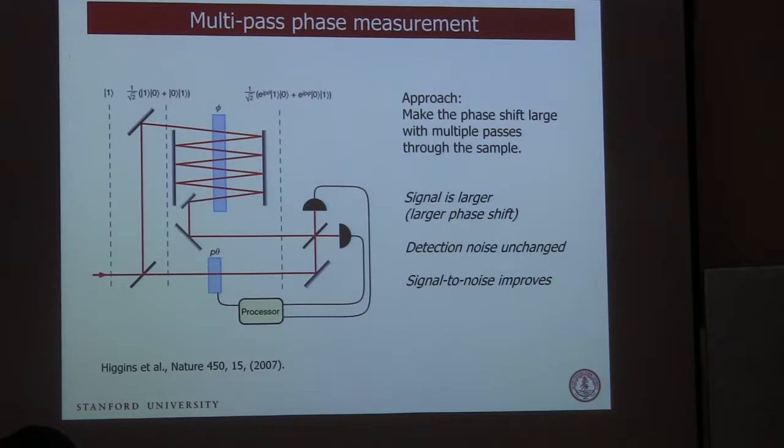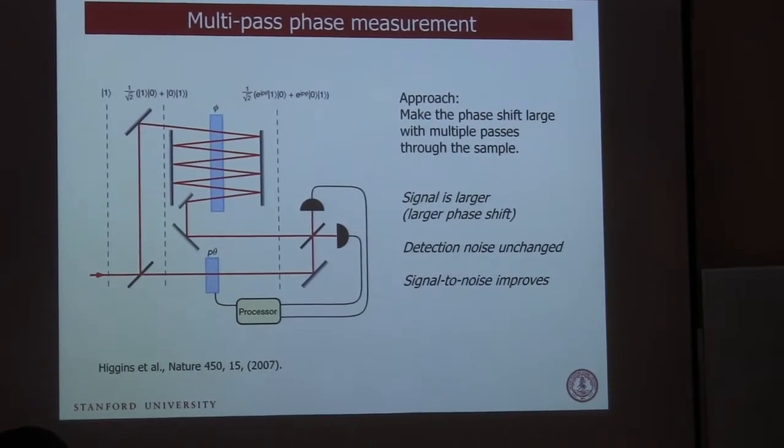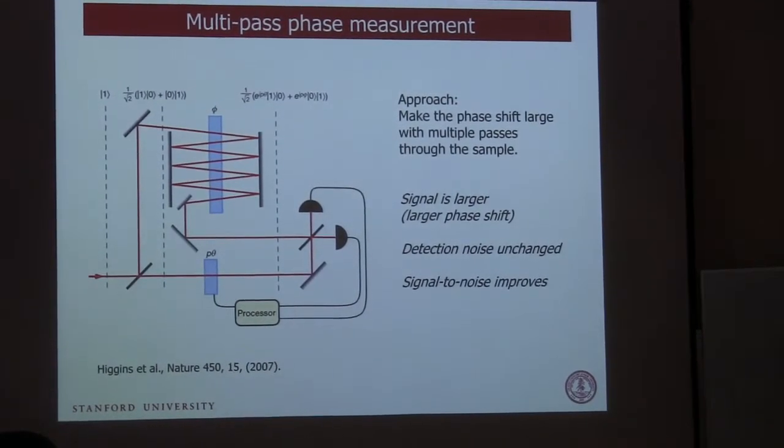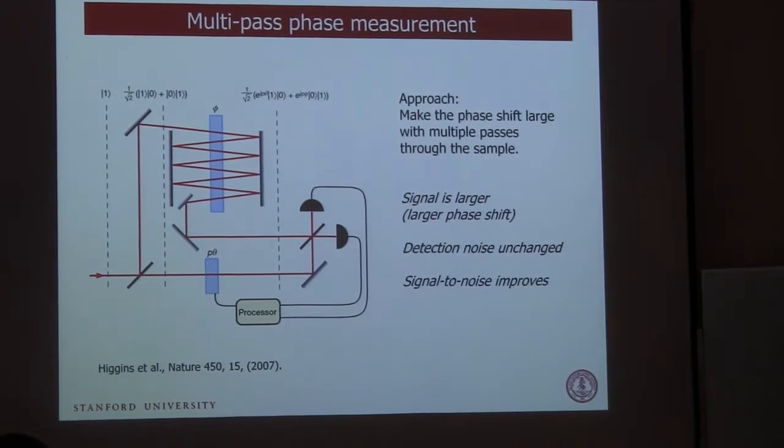And so if, at the end of the day, I want to optimally measure phase, it makes good experimental sense to send the beam through the object multiple times and then do my statistics to figure out what that phase shift was.